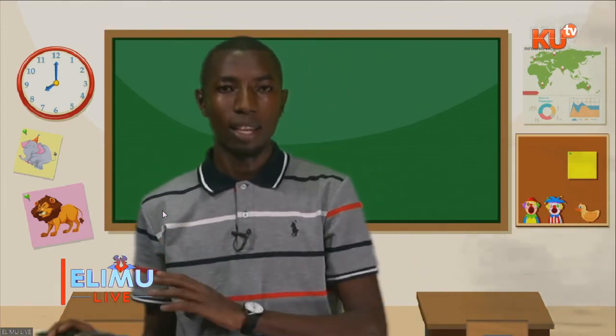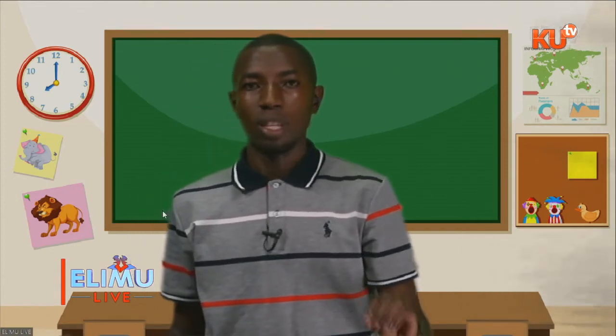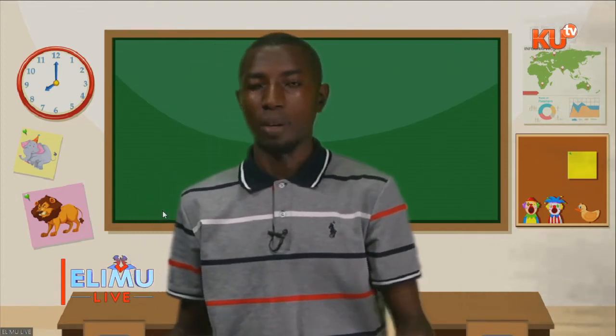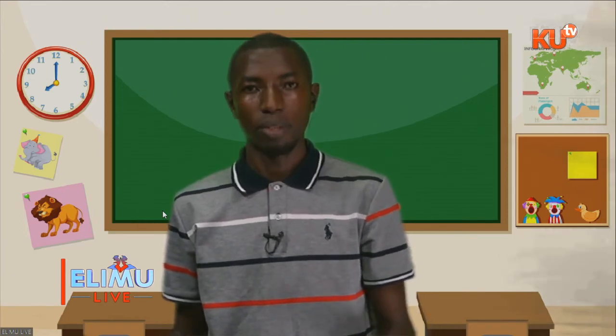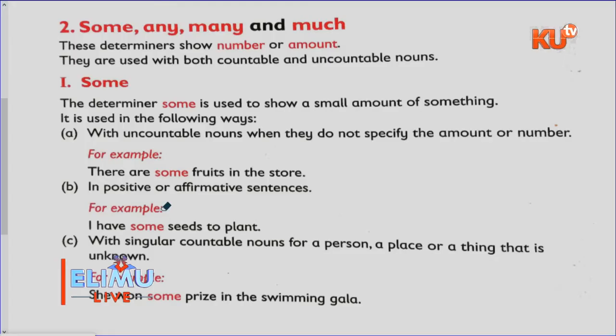A and an are used with countable nouns in their singular forms, and the is used with nouns that are both uncountable and countable. But these ones are used with both.